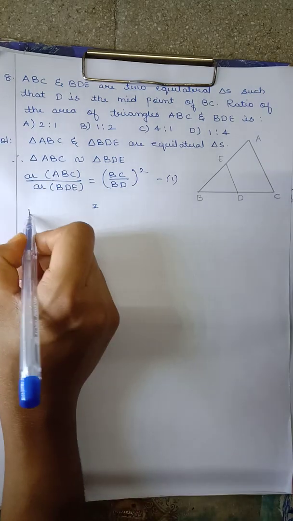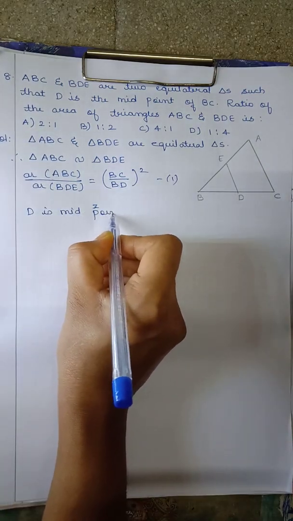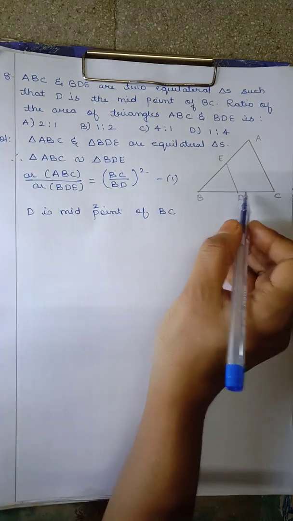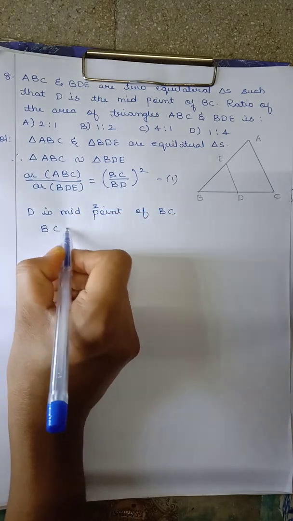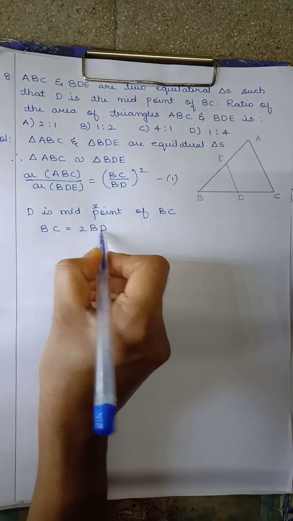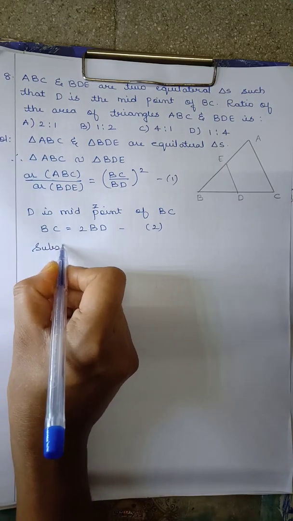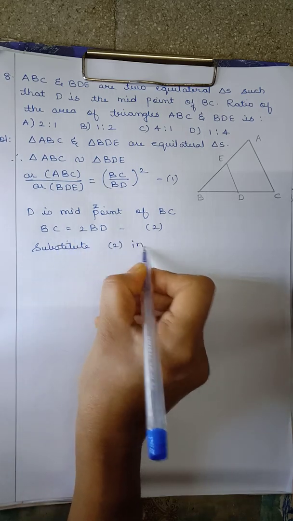Now we know that D is the midpoint of BC, children. So we can write BC is equal to twice of BD. Let this be equation 2. So substitute 2 in 1.